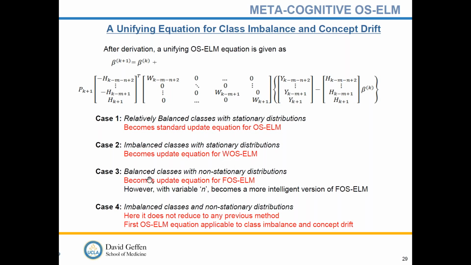And if the data stream is balanced but non-stationary, it reduces to the FOS-CLM method. And finally, if the data stream is imbalanced and non-stationary, it doesn't reduce to any previous method, because there is no previous method that can tackle these problems simultaneously. There's no equation for that.